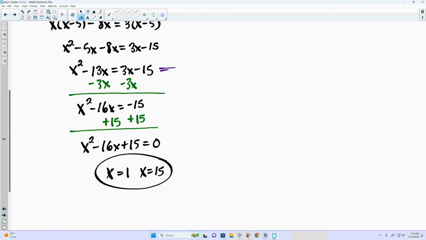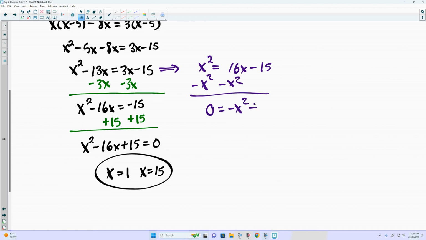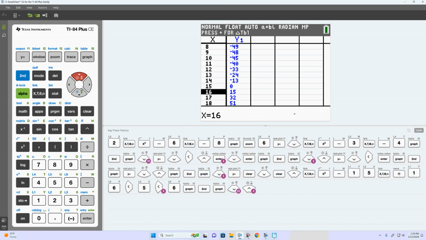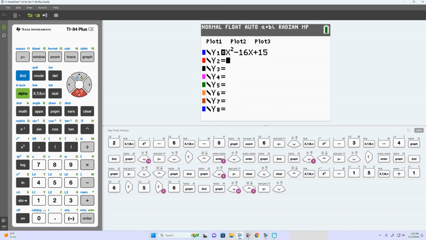So, Isaiah, you were saying we could add 13x, and that's fine, which would have given us x squared is equal to 16x minus 15. We could then subtract x squared, telling us 0 is equal to negative x squared plus 16x minus 15. We have to distribute that negative, so we have to do an extra step. Now, at that point, we could divide by negative 1.